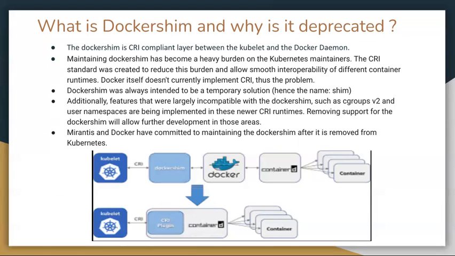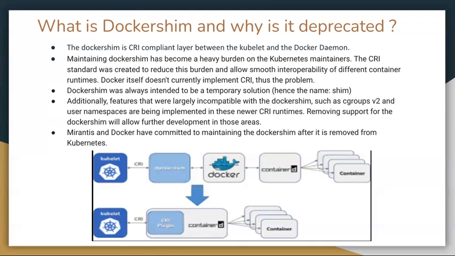Dockershim was always a temporary solution, because that's what the name shim represents: a temporary solution by Kubernetes to run Docker containers inside Kubernetes. It was never meant to be a permanent solution. That is why they have removed it, and this has advantages for Kubernetes as well as for you as the user, which we are going to discuss in a while.